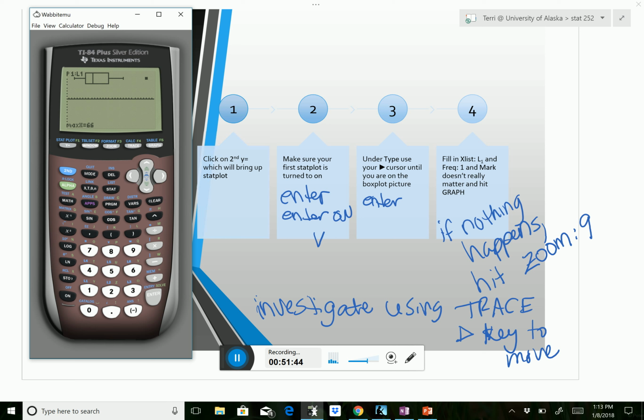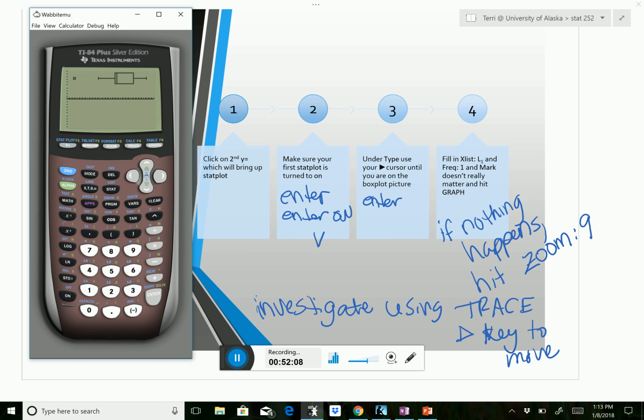Now let's redo this and change this to number 2. So second 2, and graph. Let's change the zoom to 9 again. We have everything, and this time look at this. Now the minimum is an outlier.